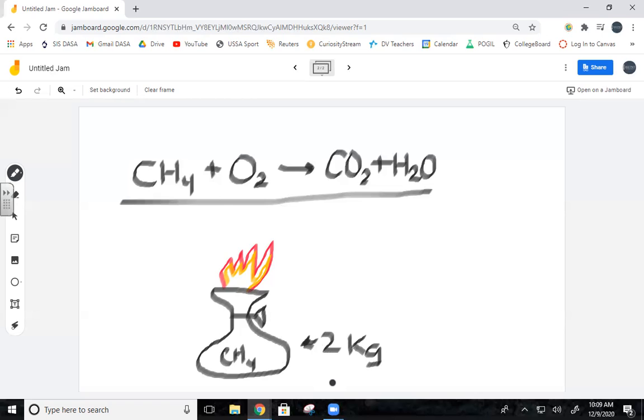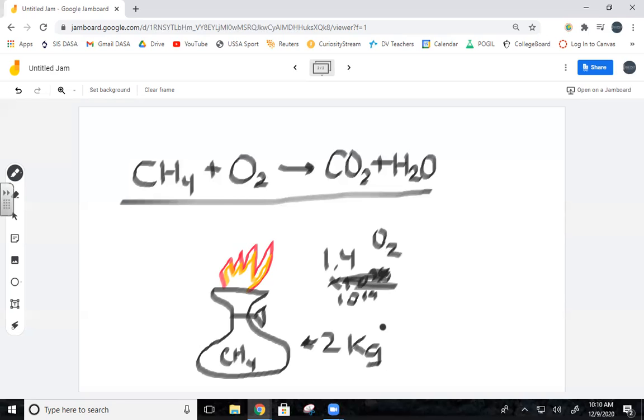And the atmosphere weighs something like, this is just a total guess, 1.4 times 10 to the 19th kilograms of O2 out here.